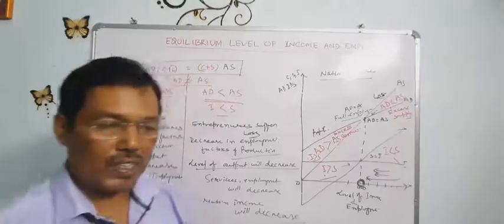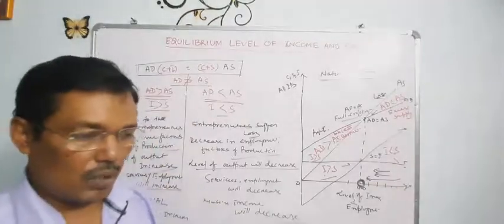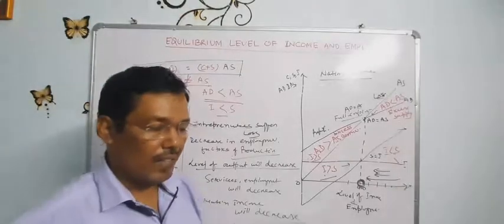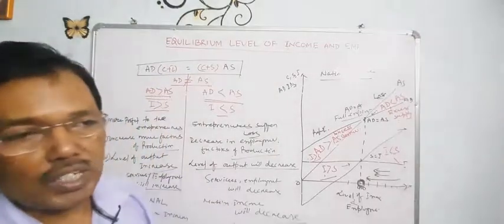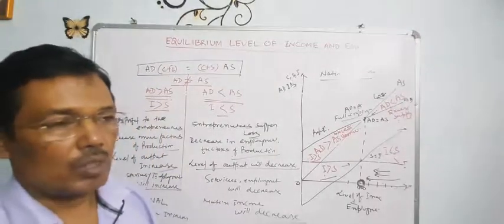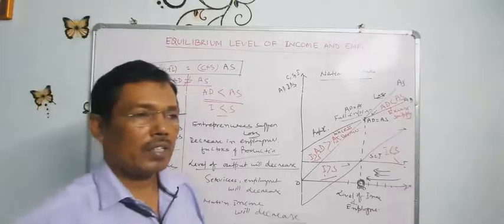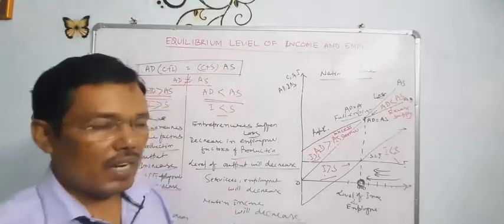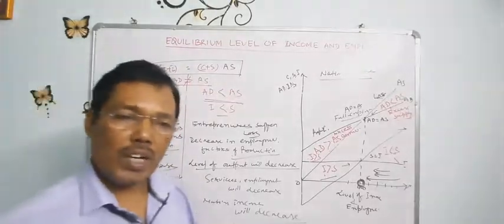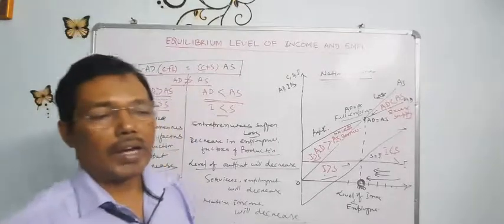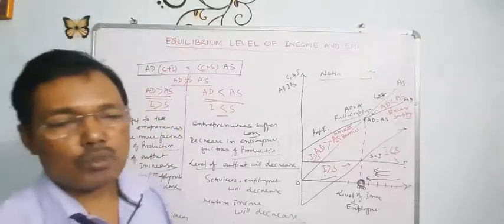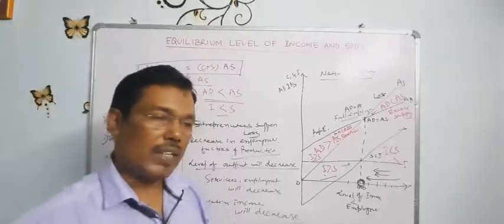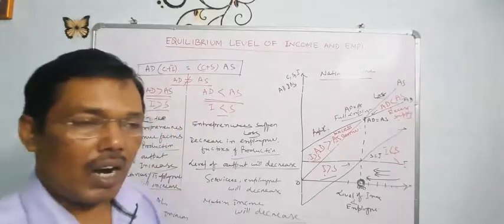If the foreign countries do not demand the quantity produced by India, then that production will be useless. So to reach this equilibrium point, the country will try to reduce employment and reduce the production of goods and services. At that time it will create unemployment and underemployment.